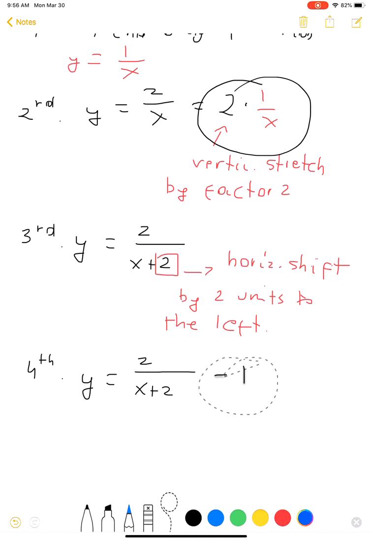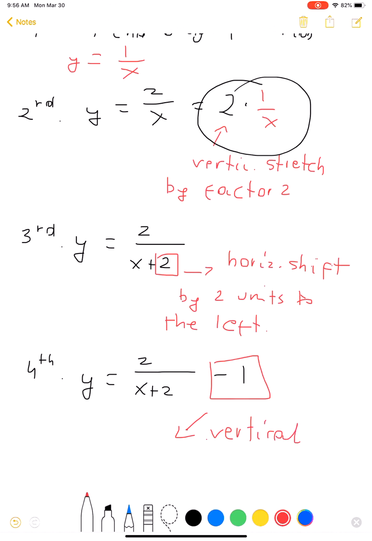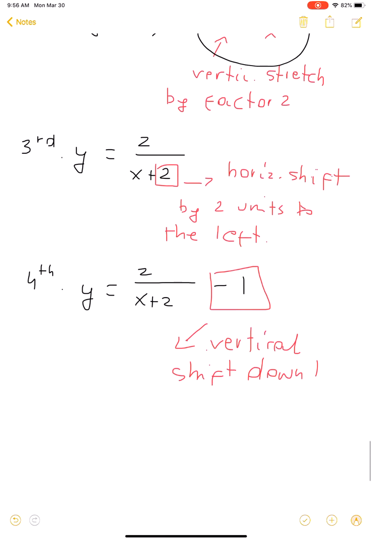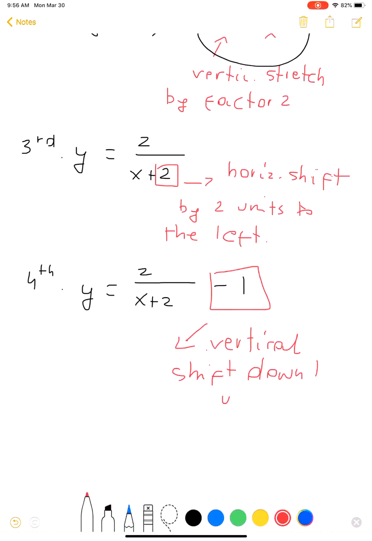That negative 1 is going to be our vertical shift. We're pushing the graph 1 unit down. Vertical shift down 1 unit. Okay, so we have it.